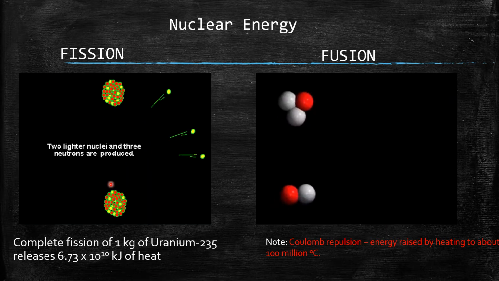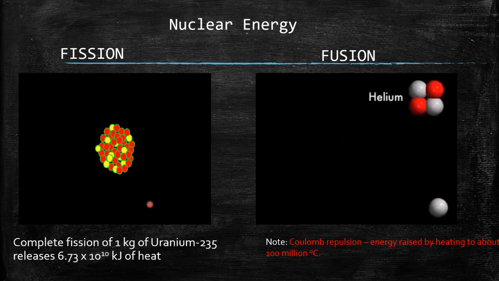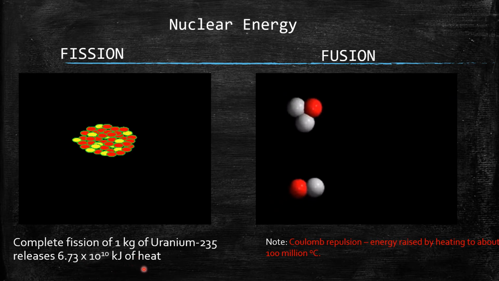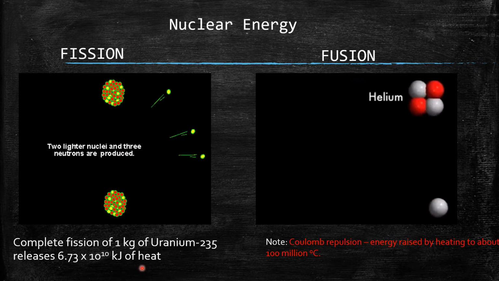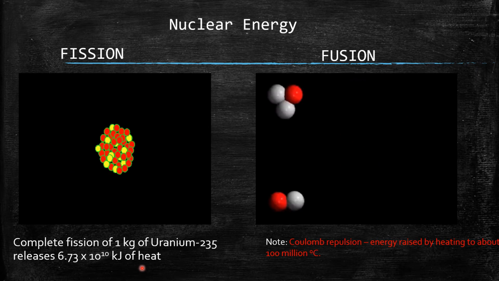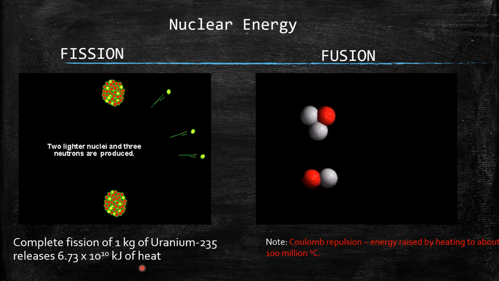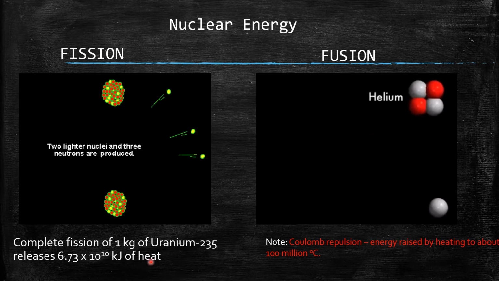In practical terms, the complete fission of 1 kilogram of uranium-235 releases 6.73 times 10 to the 10 kilojoule of heat, which is more than the heat released when 3,000 tons of coal are burned. Therefore, for the same amount of fuel, a nuclear fission reaction releases several million times more energy than a chemical reaction.